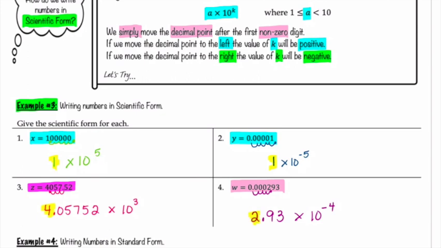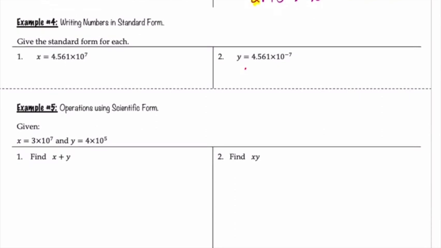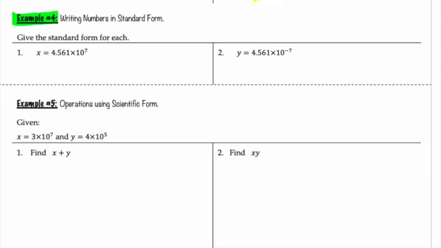Let's look at example 4. For example 4, we are going to be writing numbers in standard form. Give the standard form for each. Here they gave us x is equal to some number in scientific form. So I am going to be moving the decimal 7 places to the right.